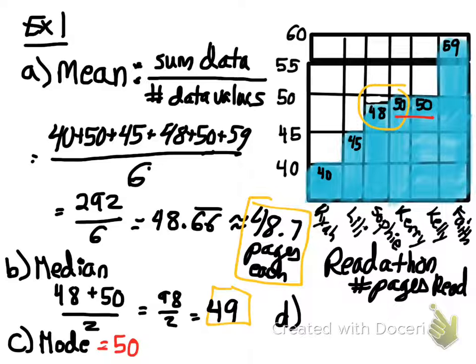Lastly, I'm going to find the range. The range is the difference between the greatest and least values. So I look at my greatest value, which is 59, and my least value, which is 40. So I do 59 minus 40. 59 minus 40 is 19. So my range is 19.